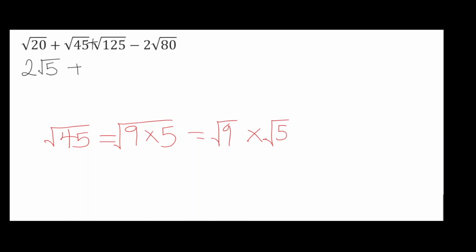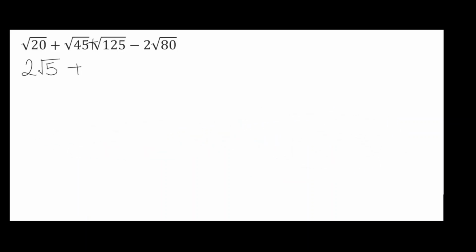And what is root 9? Root 9 is 3, then multiplied by root 5, which can be written as 3 root 5. So root 45 is the same thing as 3 root 5. So we have 3 root 5. Then I have plus root 125.